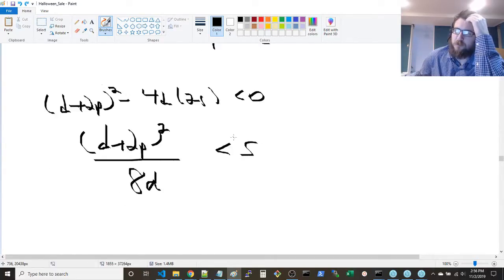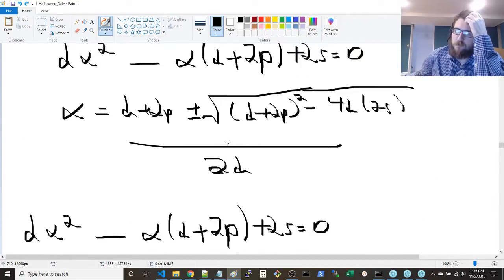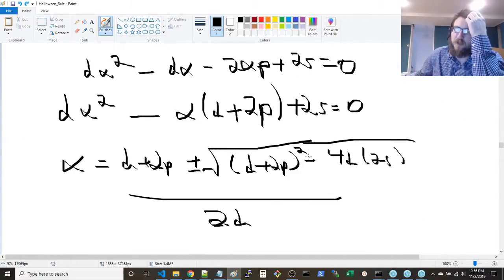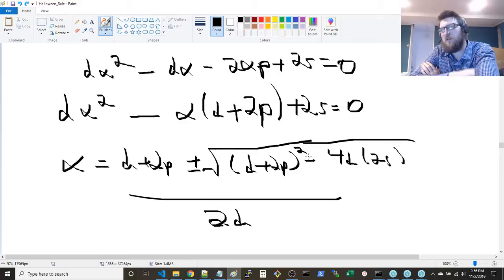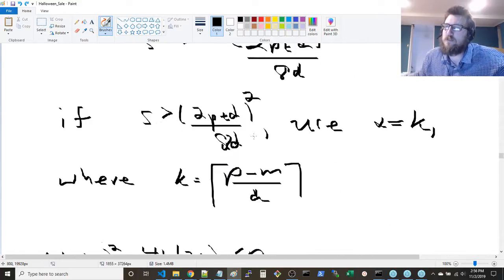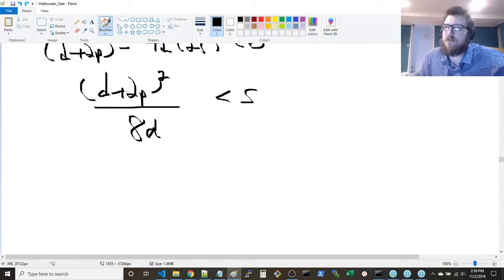Just go right to the cutoff point. If it's not imaginary though, then that implies that we will hit a certain point. We want to use probably the largest alpha, I think.